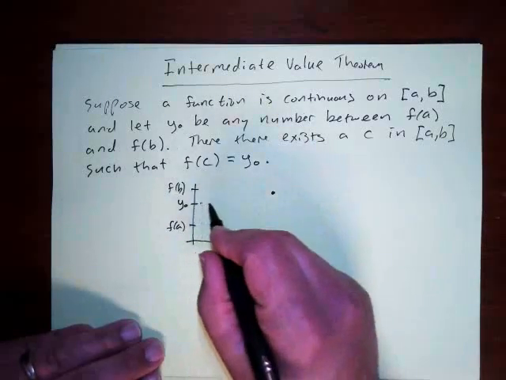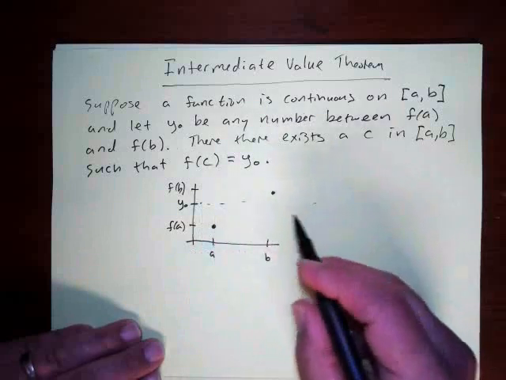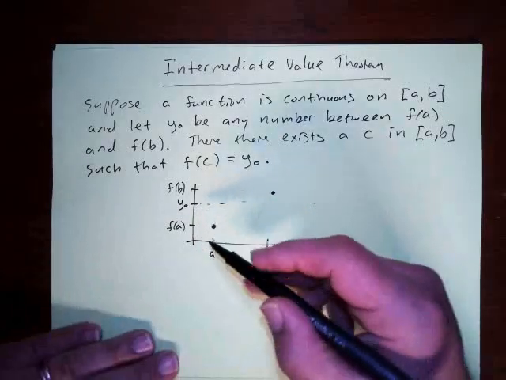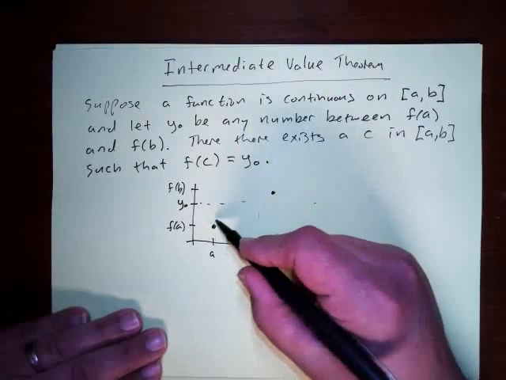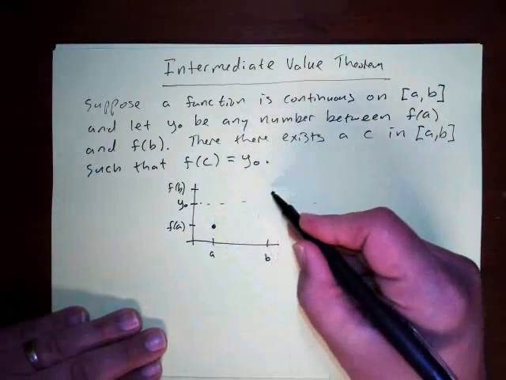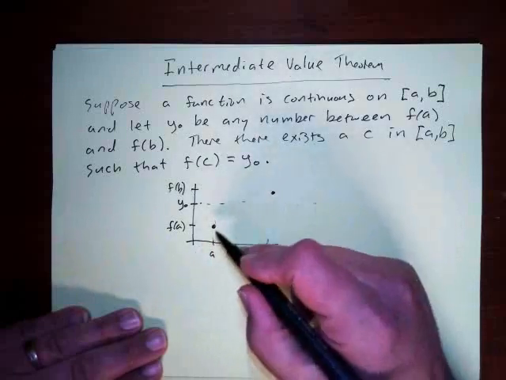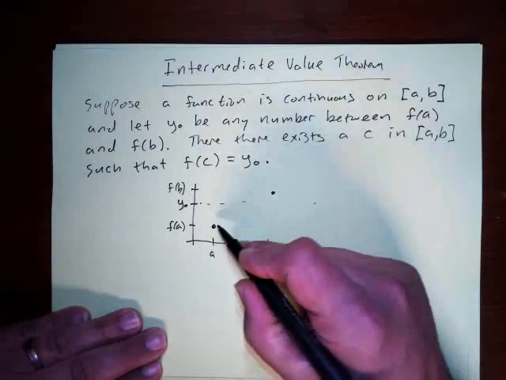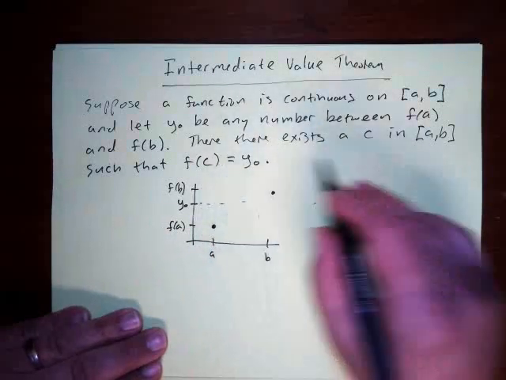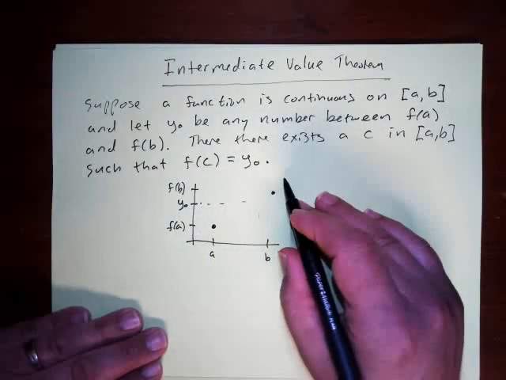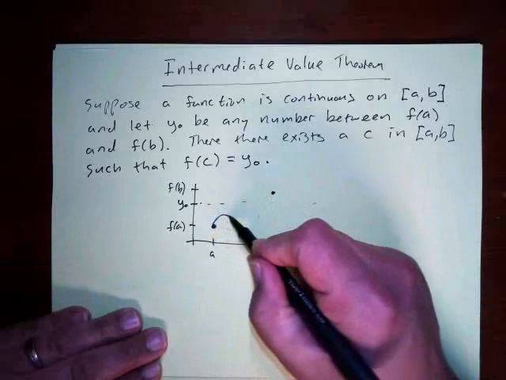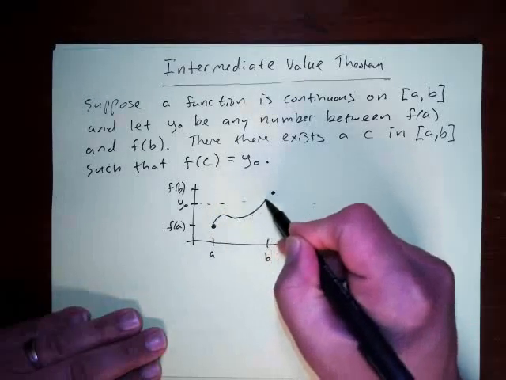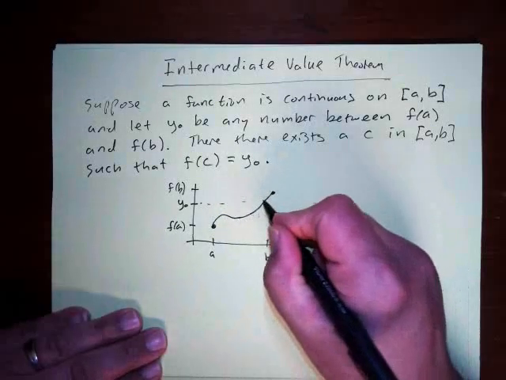And so you can kind of see why this is true, because two things have to happen, right? In order for it to not be true, I'd have to connect these 2 points up without lifting up my pencil, but then I couldn't cross this dotted line if the conclusion were not true, and that would be impossible, right? So, for example, let's say I go like this, and then here would be my point.